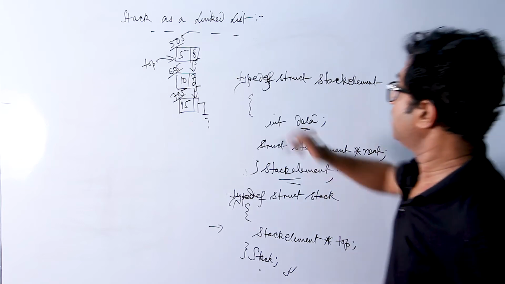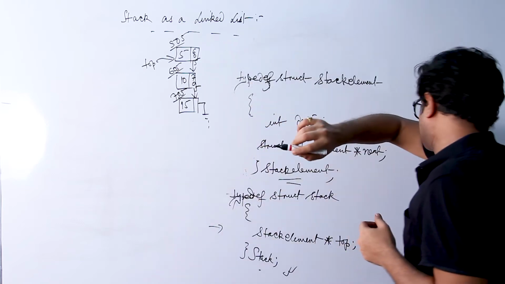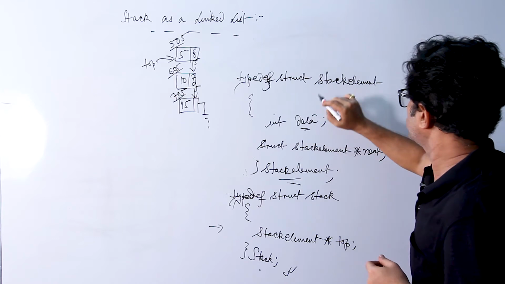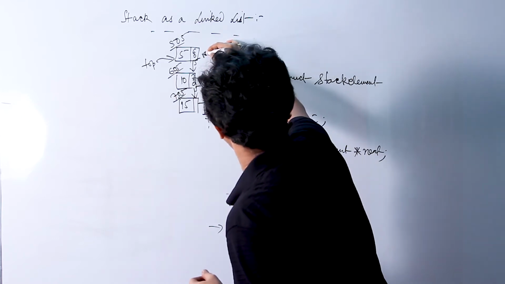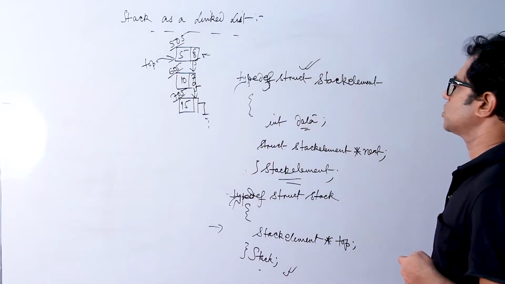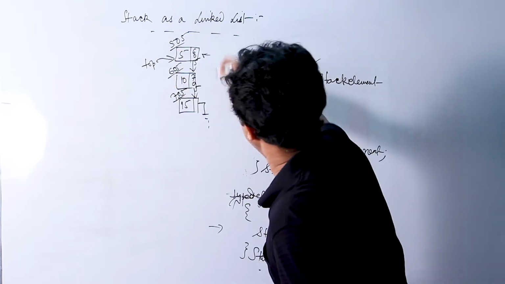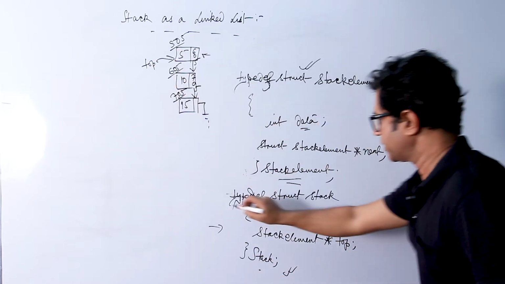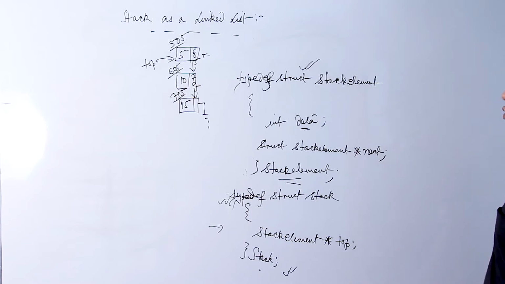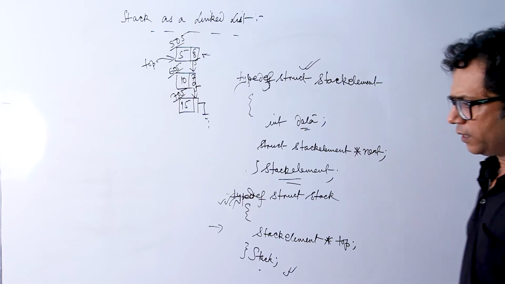For that we have defined two structures. For individual elements we have declared this structure, and for entire stack representation we have declared this structure. So now we are going to write the pop operation.